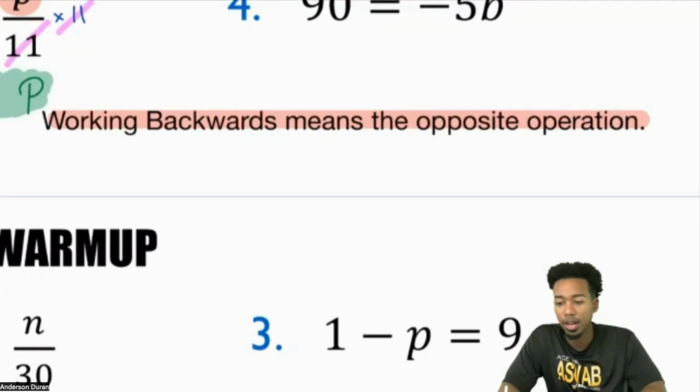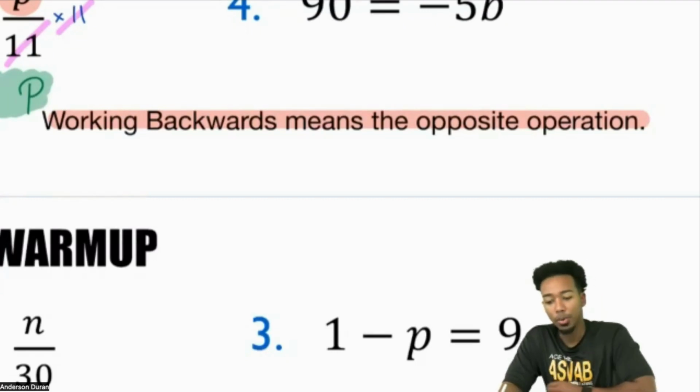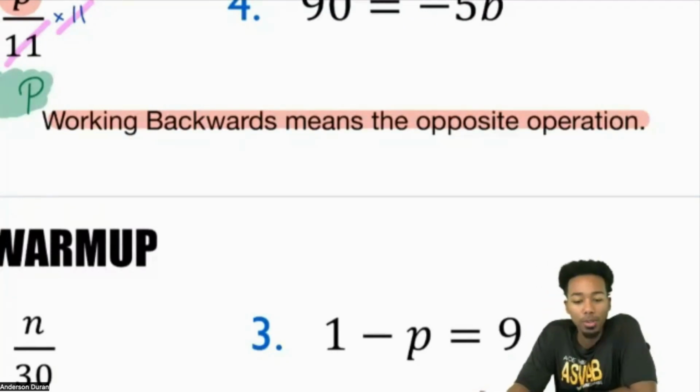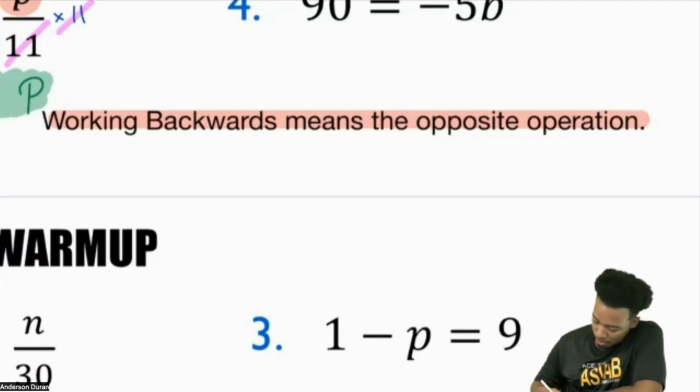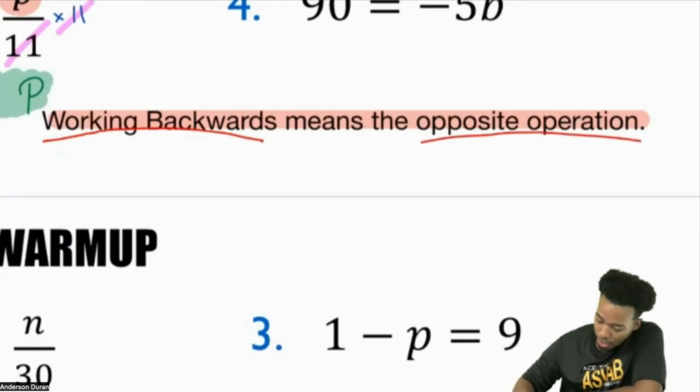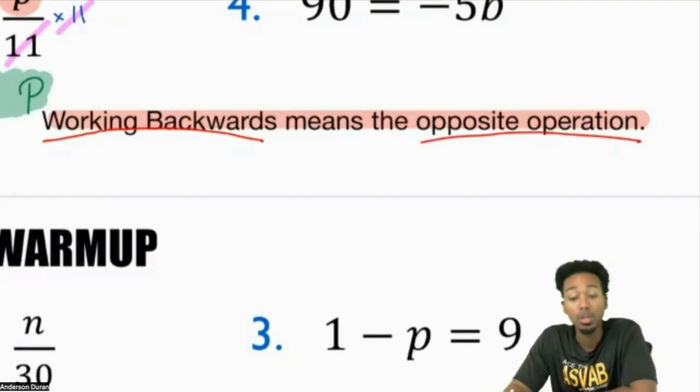Appreciate that, Vivi. I bought the feature myself. So with that, working backwards means the opposite operation. Please, for your sake, underline it, highlight it, do whatever you have to do. Working backwards means the opposite operation.